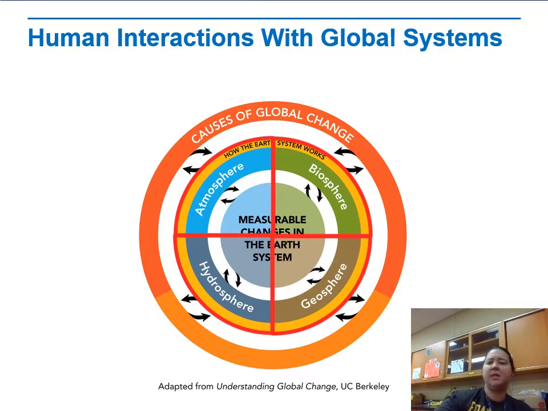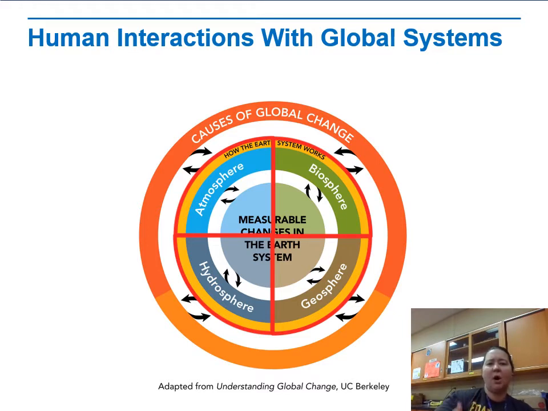So we do things at every single level just by living, which is going to happen, but then these affect all of the other spheres, because we've talked about how all four of these spheres actually interact and intersect with each other.